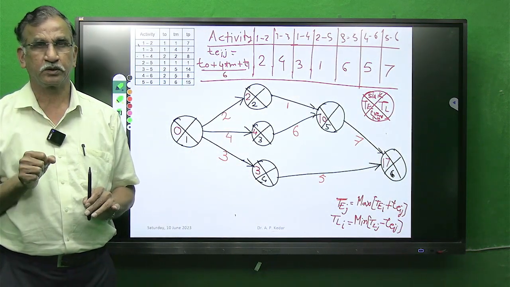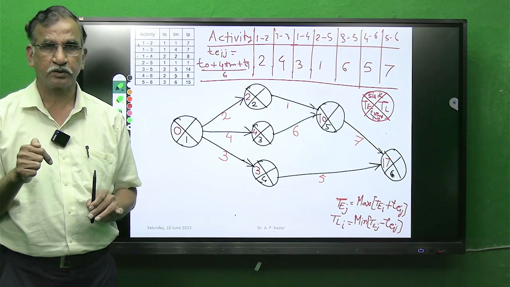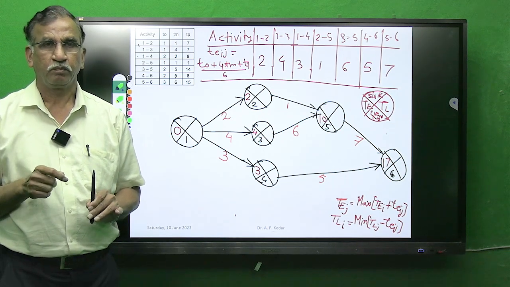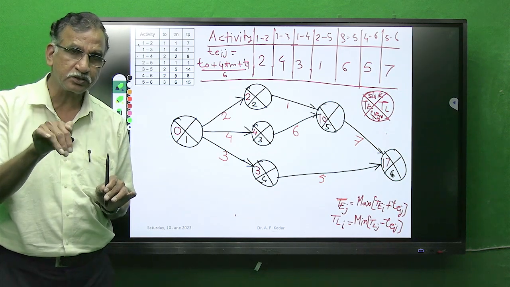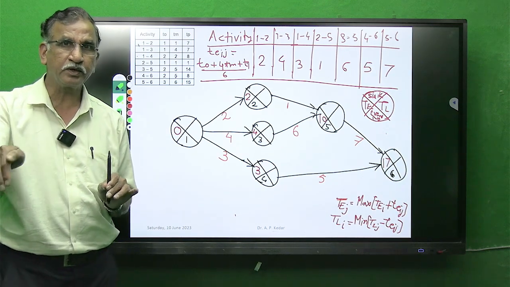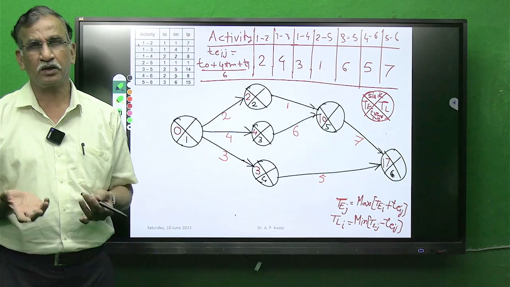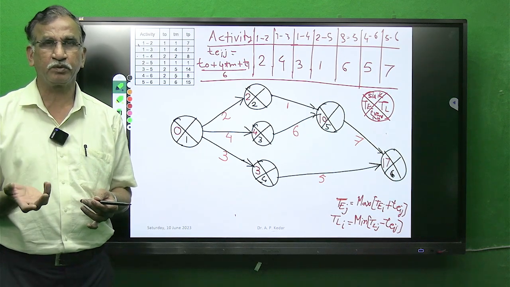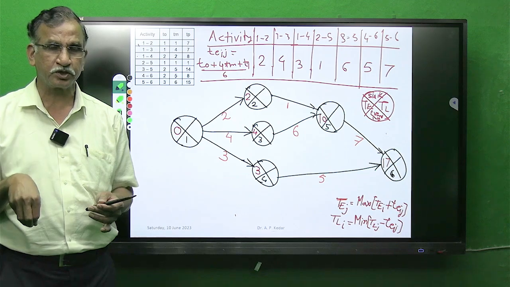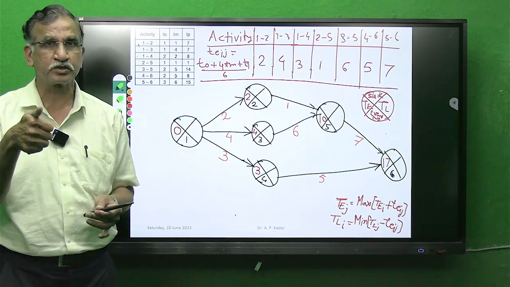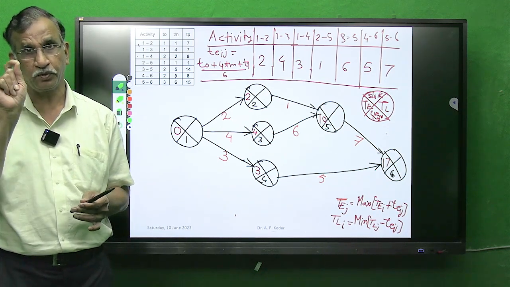As a project manager, if I know my project is going to be completed earliest in 17 weeks, naturally I will expect the latest completion for my project under my leadership to be 17 weeks only. That is very, very important.